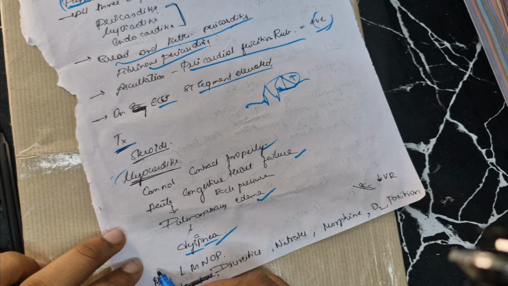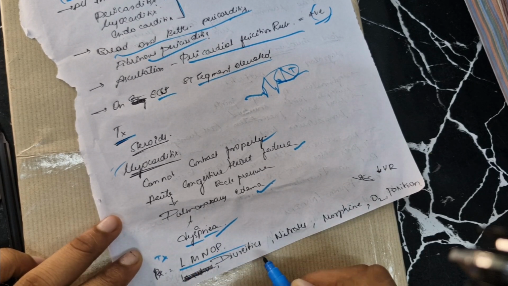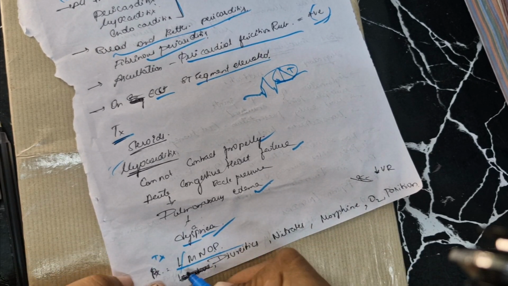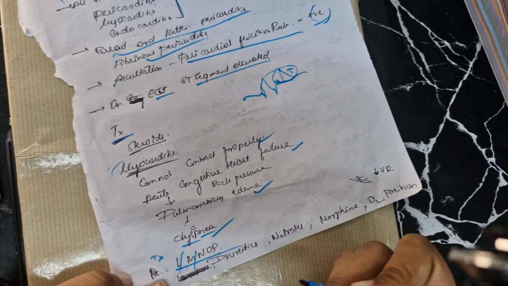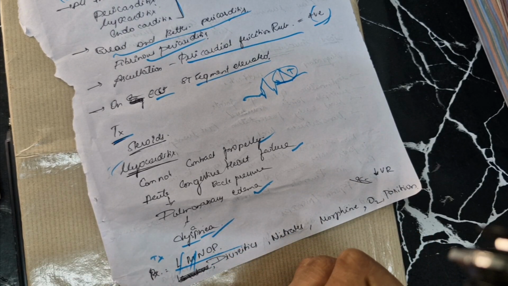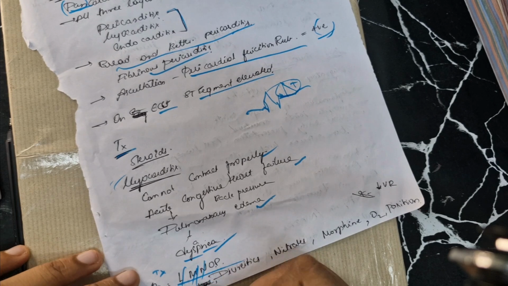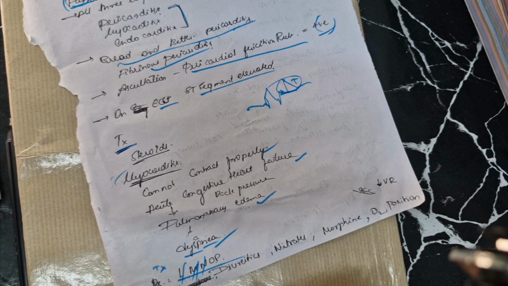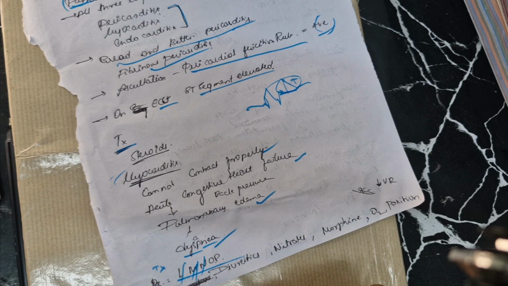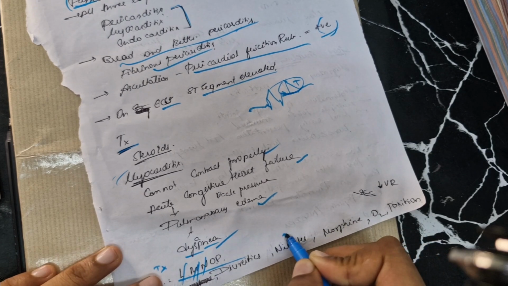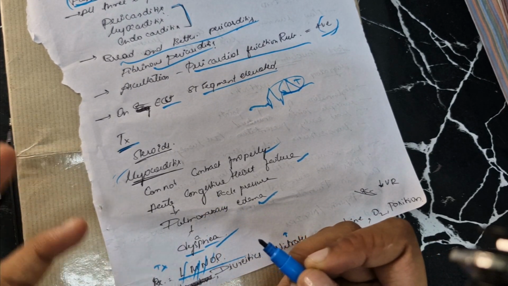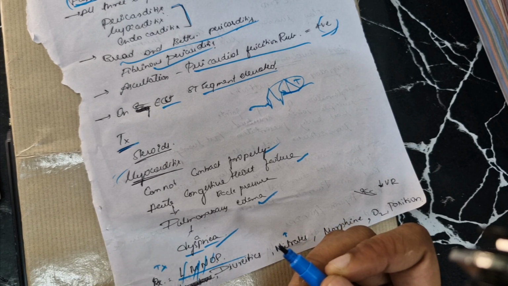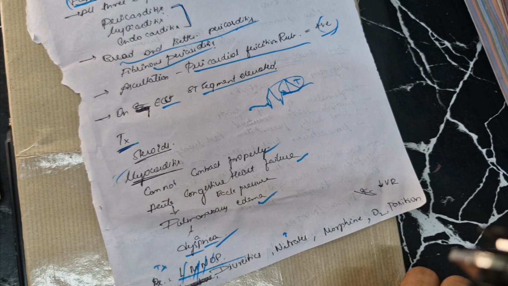The treatment for this condition, you can remember as LMNOP: loop diuretics, M for morphine.